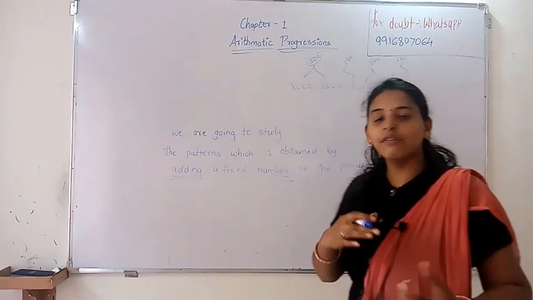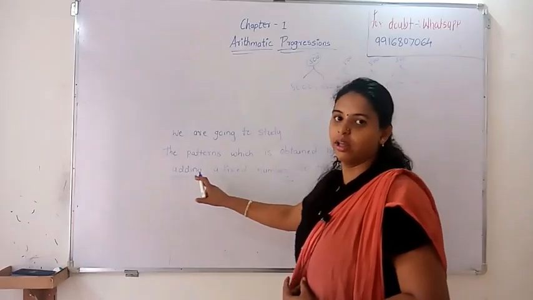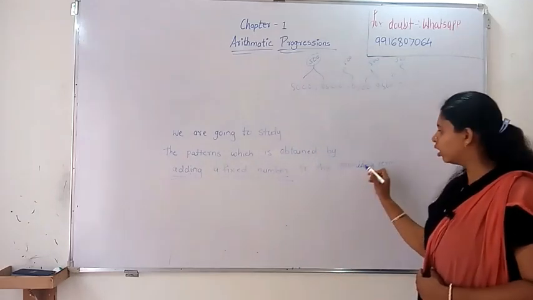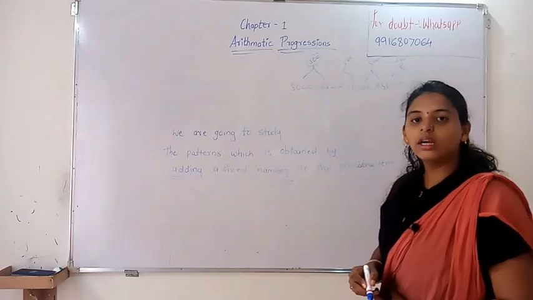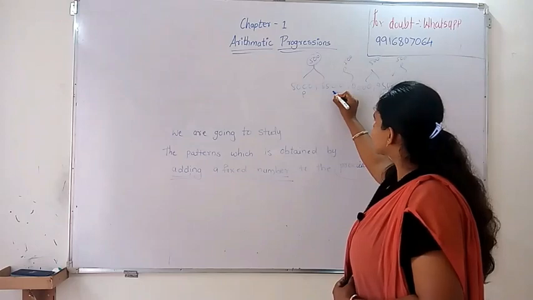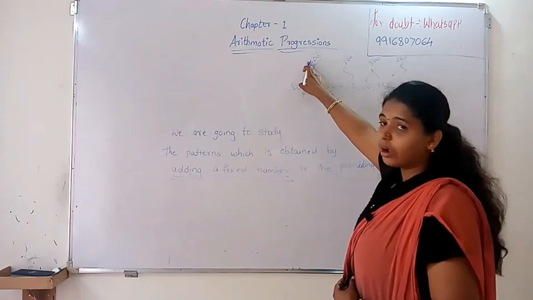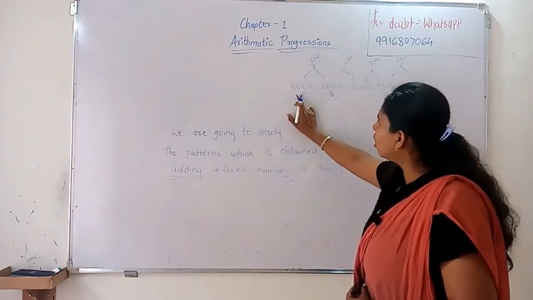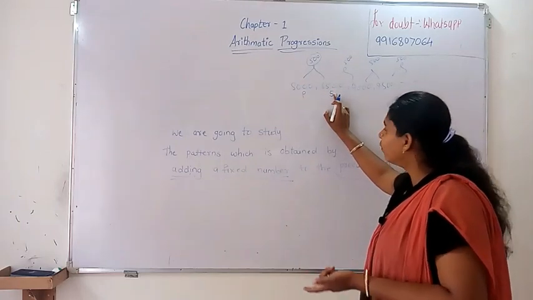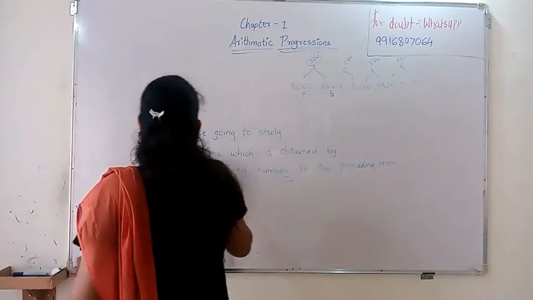This 500 is the fixed number, and we are adding it to the preceding term to obtain the succeeding term.